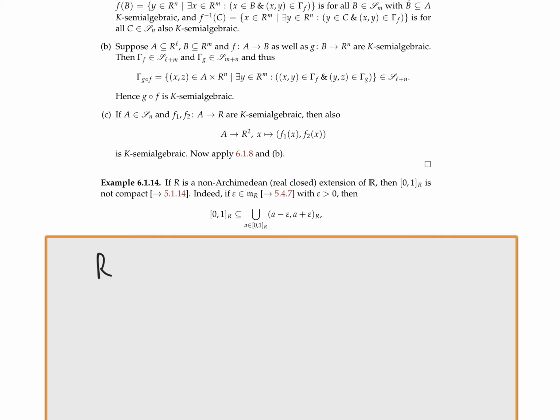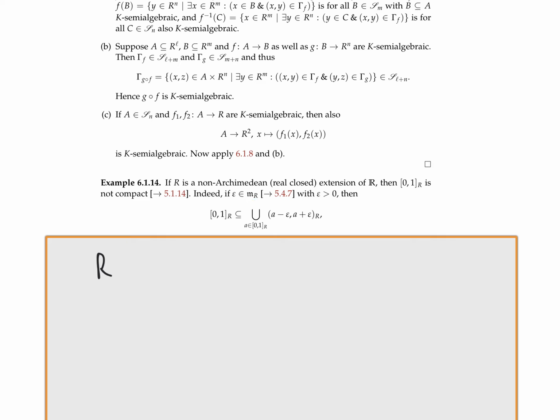If R is a non-Archimedean real closed extension of the field of real numbers, then this interval is not compact. Indeed, we can cover it by some generators of our order topology. So take a positive infinitesimal epsilon. Such a thing exists, right?